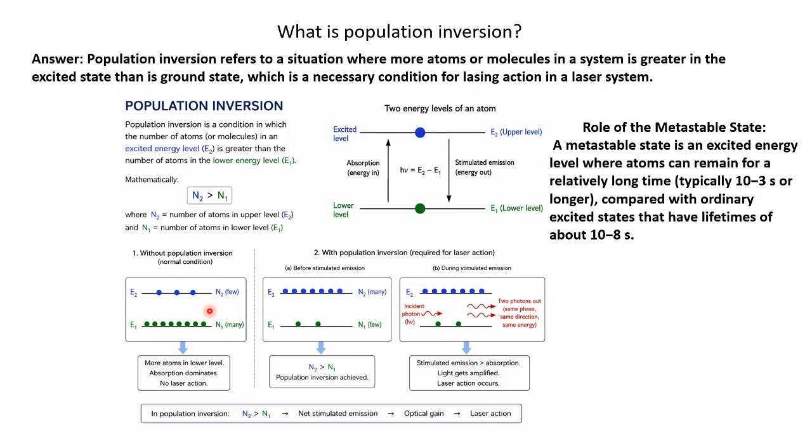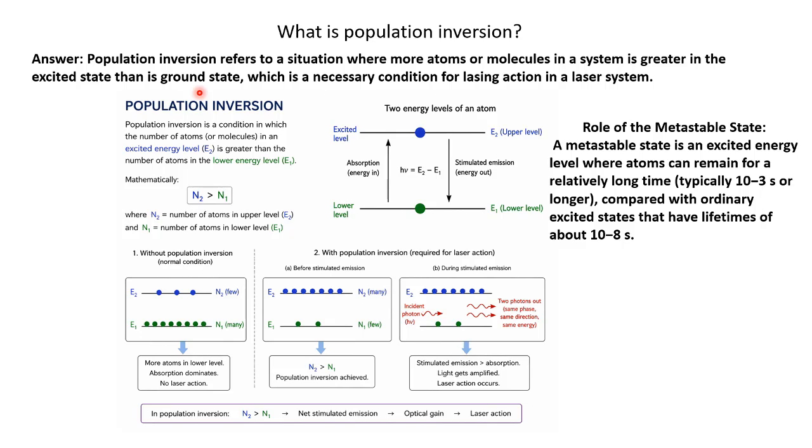Question number 2, what is population inversion? Population inversion is the condition in which the number of atoms or molecules in an excited state becomes greater than the number in the lower energy state or ground state.